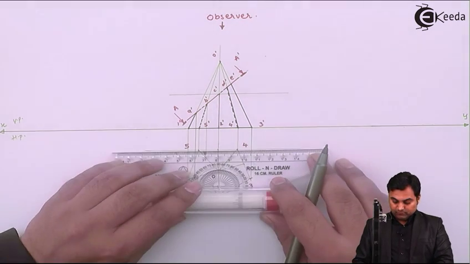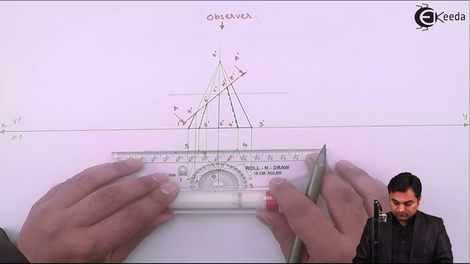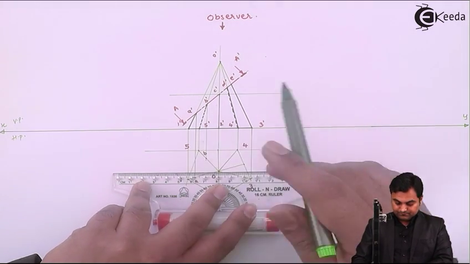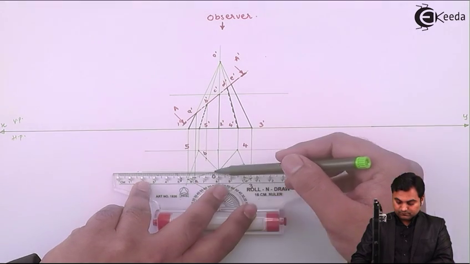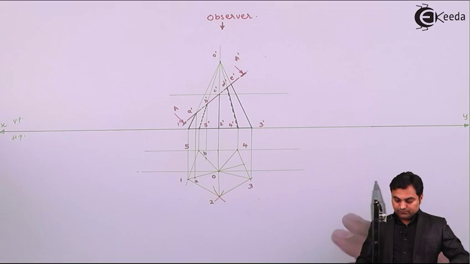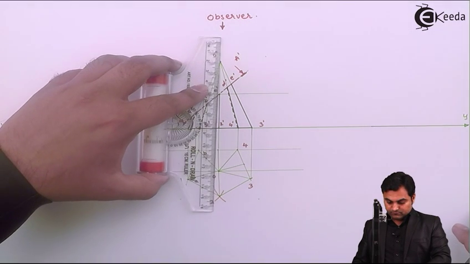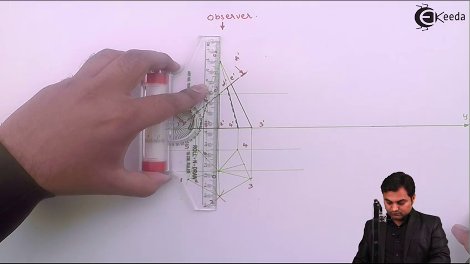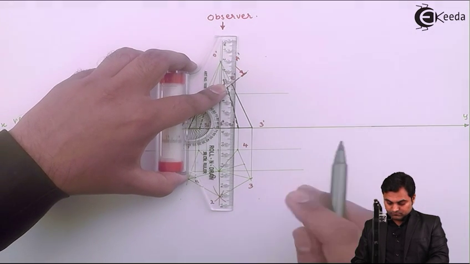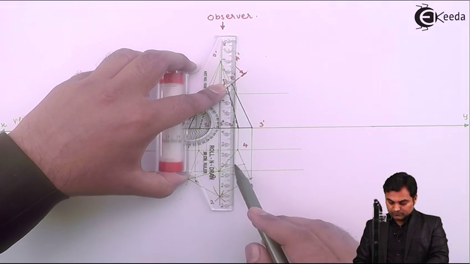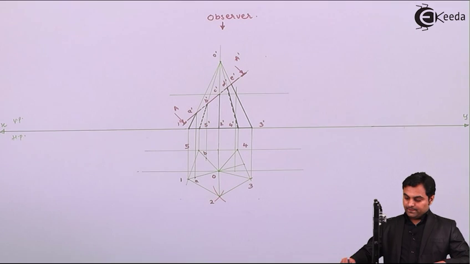Next, from O dash I am drawing a light line. Now this point C dash will be projected down. So it will be projected up to this horizontal line.